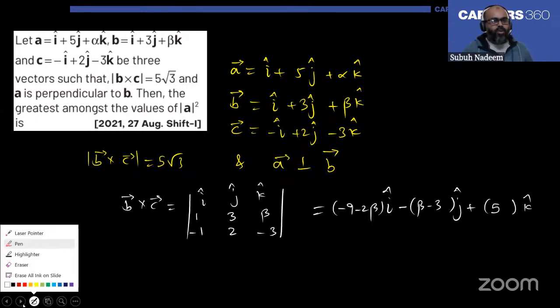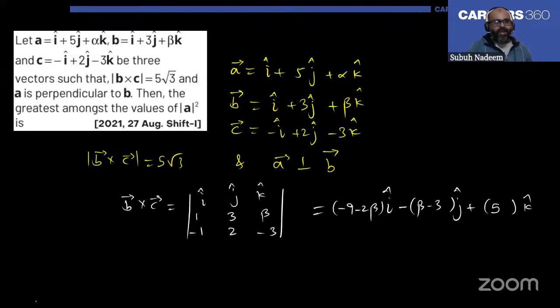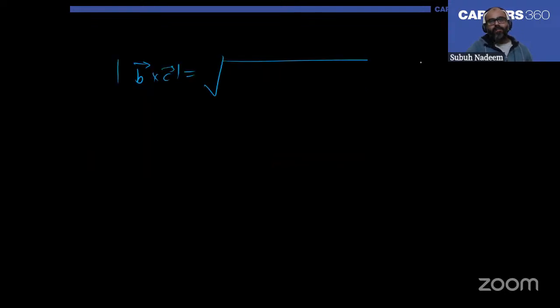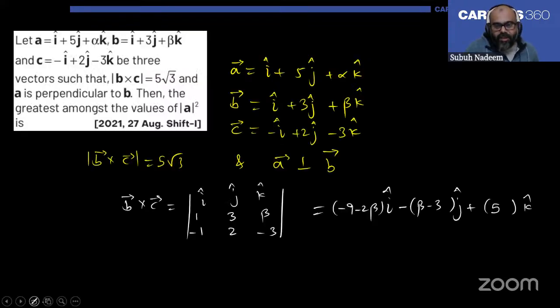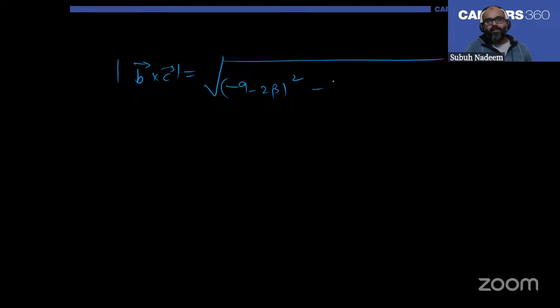Now what is B cross C mod? If we talk about B cross C mod, it is equal to root over minus 9 minus 2 beta whole square, and then beta minus 3 whole square, and then 5 square.